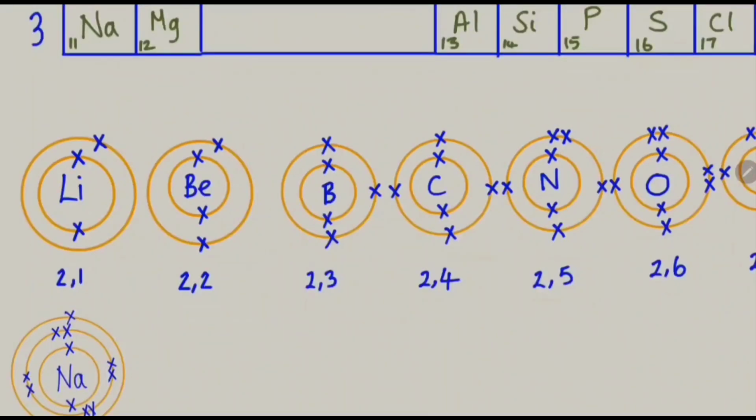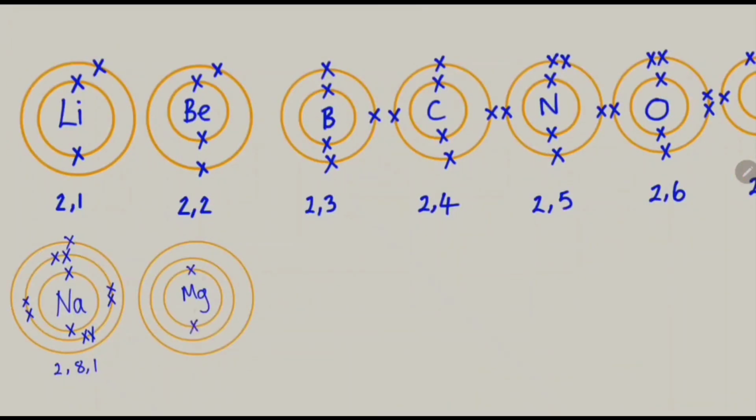Now let's move on to magnesium. Magnesium has atomic number 12, so 12 electrons. So 2 in the first, maximum of 8 in the second, and then we have to fill in 2 in that third energy level. So its electronic structure is 2, 8, 2. Now you can pause the video and fill in the electronic structures of the rest of the elements in period 3, from aluminium to argon.